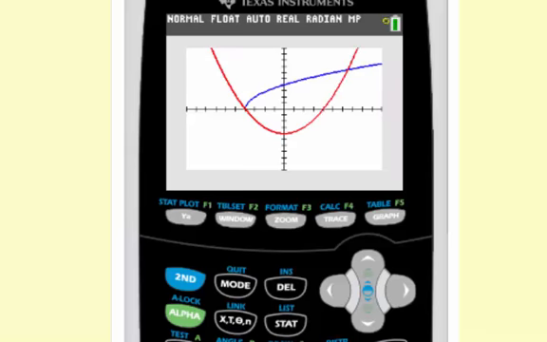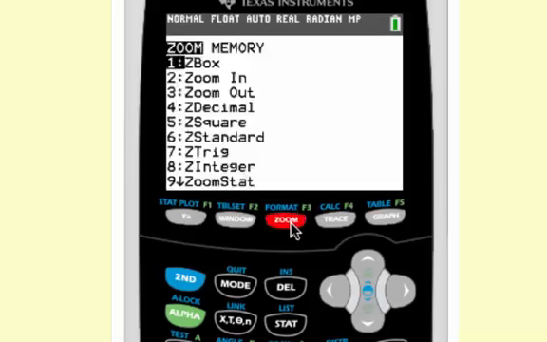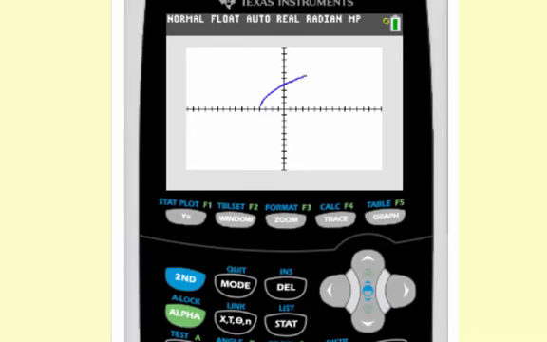There's the inverse function. You know, that looks kind of cool, but it's not really showing the true inverse. So I'm going to do a zoom square, which is 5. Okay, now you can see the true reflection.